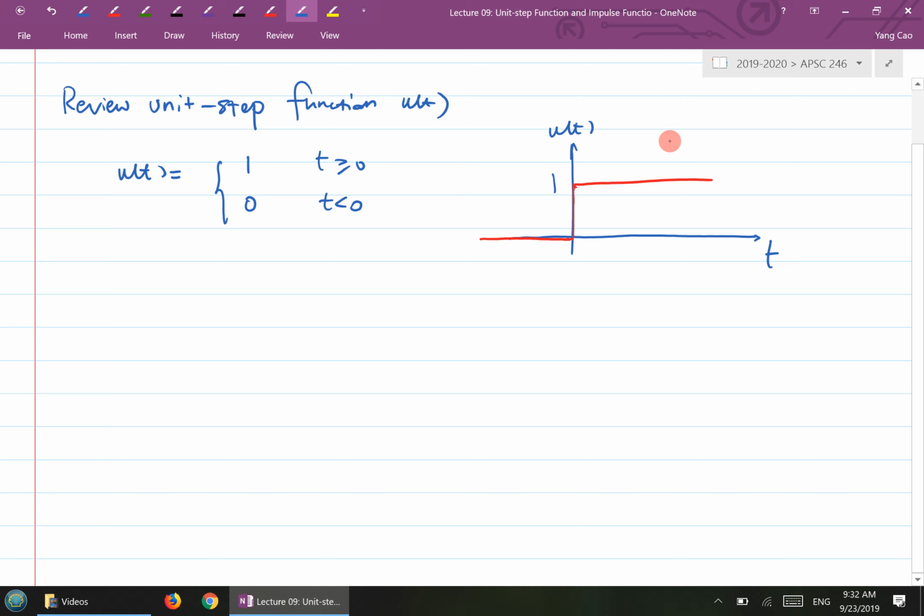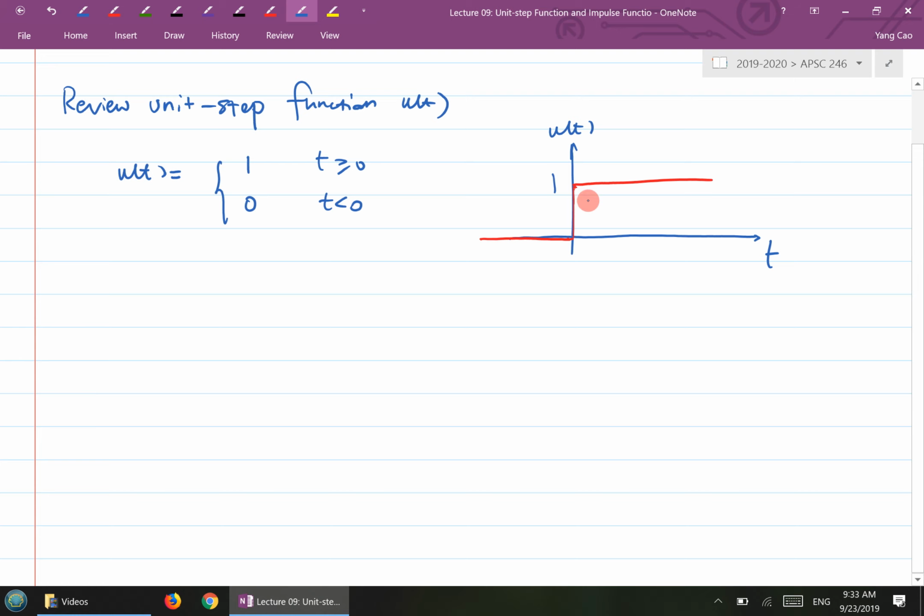The other type of application, at least for now, is that we can use u of t, and even combinations of several of them, addition and subtraction, to represent piecewise functions.